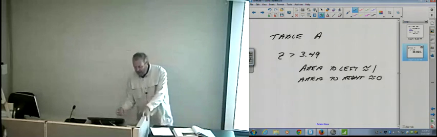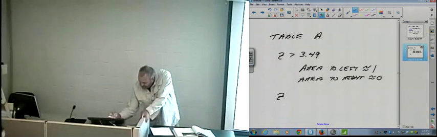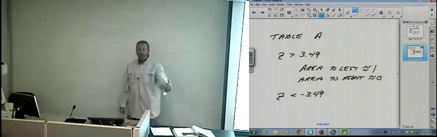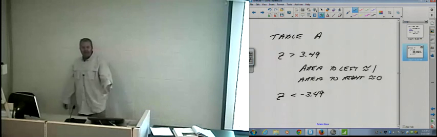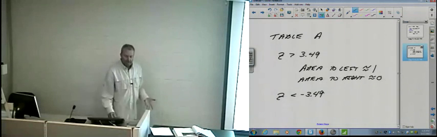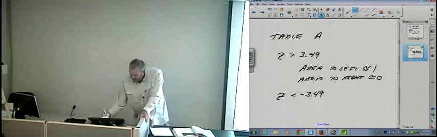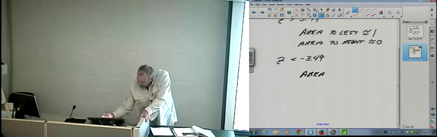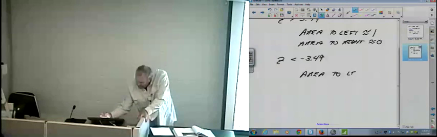Now, what about going the other way? If I've got a z-score and it turns out to be smaller than minus 3.49, because if you look at your table, the smallest z-score you can look up is minus 3.49. Well, this is just the opposite. Then the area to the left is approximately 0.